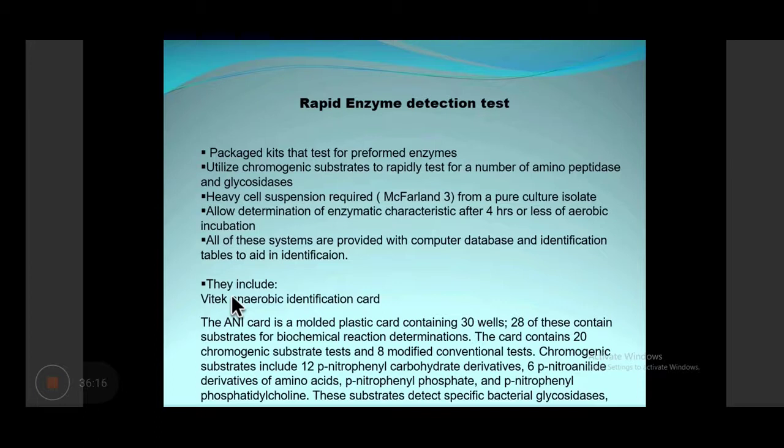Among the 28 wells and 8 substrates, we identify which bacteria it is on this card. Different bacteria are positive for different types of substrate.